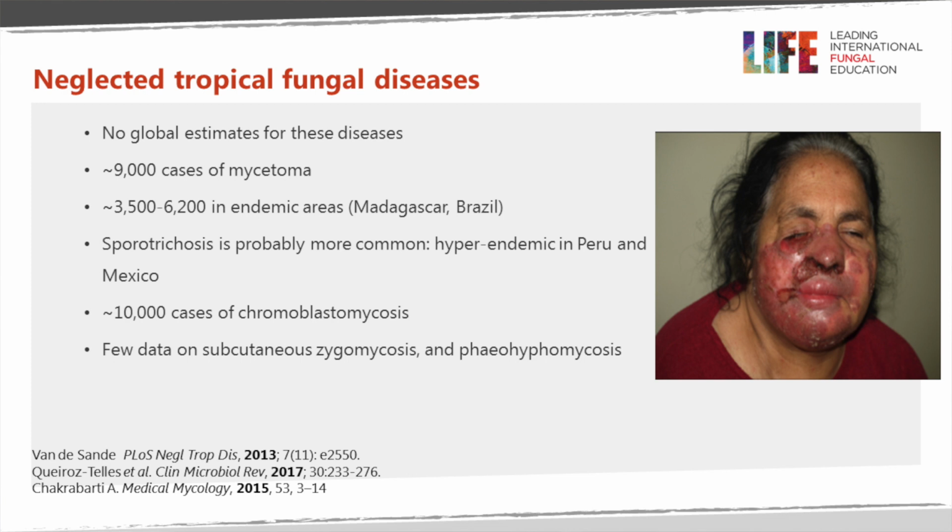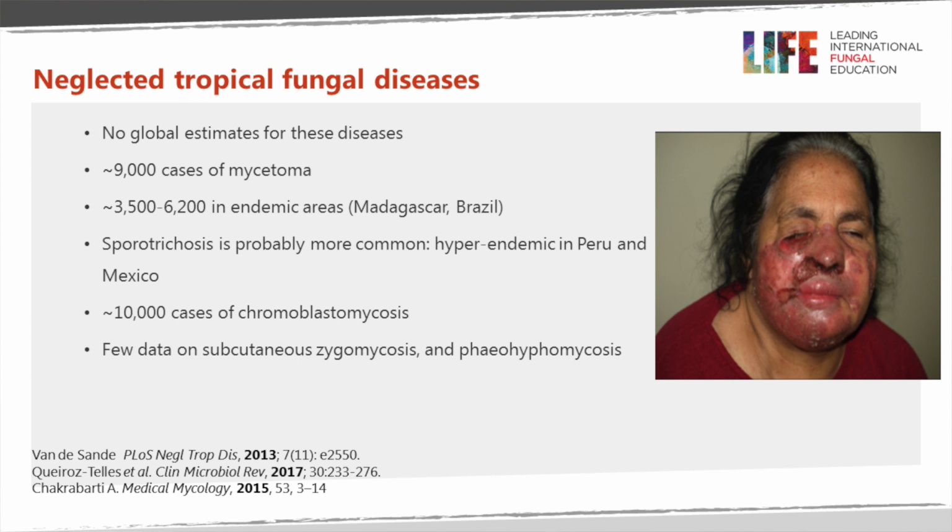With respect to the neglected tropical diseases, there are no very good counts of these infections. We think there's around 9,000 patients with mycetoma, which is typically in the lower legs, and there's a mycetoma belt across the equator and around the equator across the world. Most of the cases occur in endemic areas.